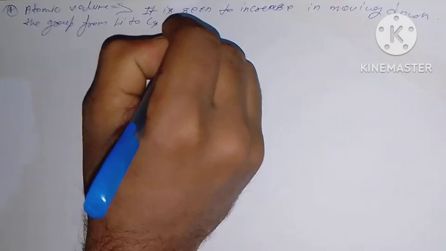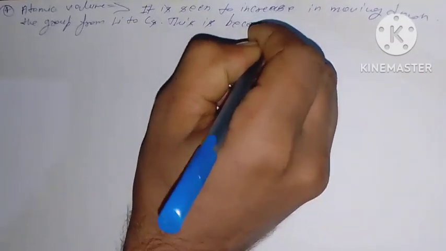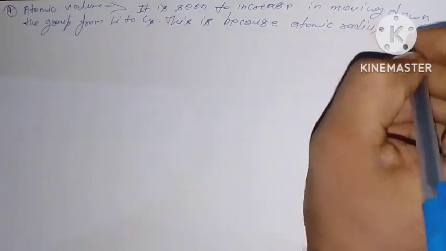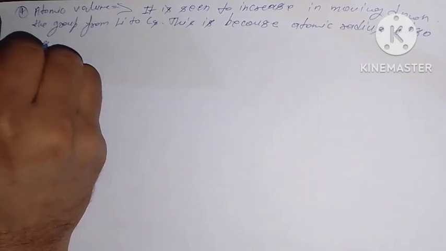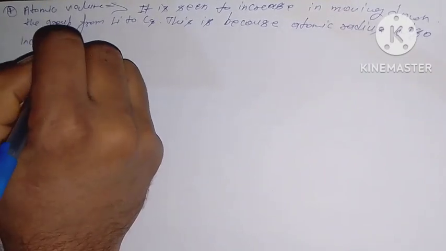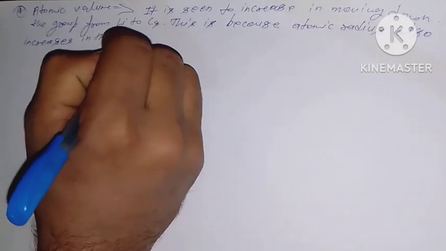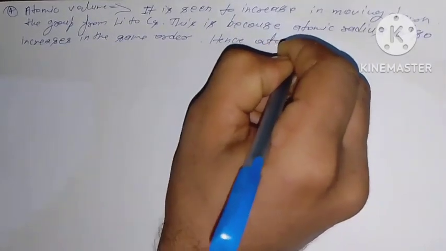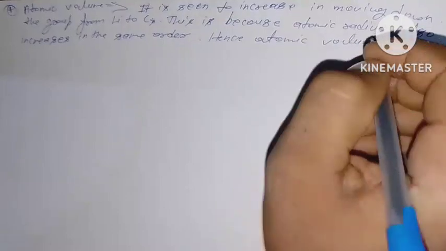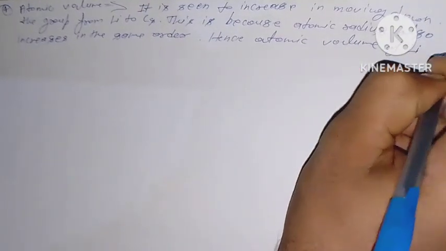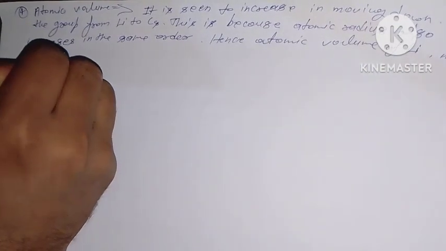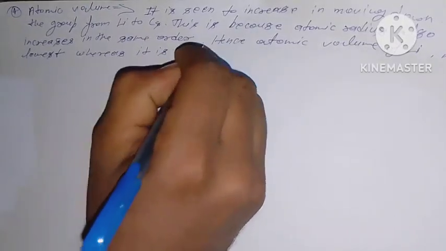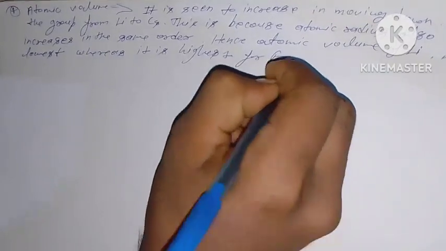It is because atomic radius also increases in the same order, hence atomic volume of lithium is lowest, whereas it is highest for francium.